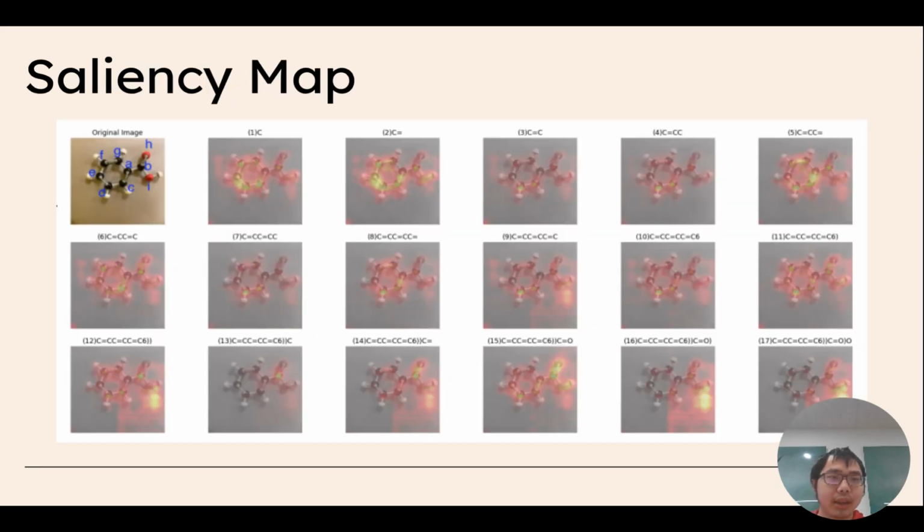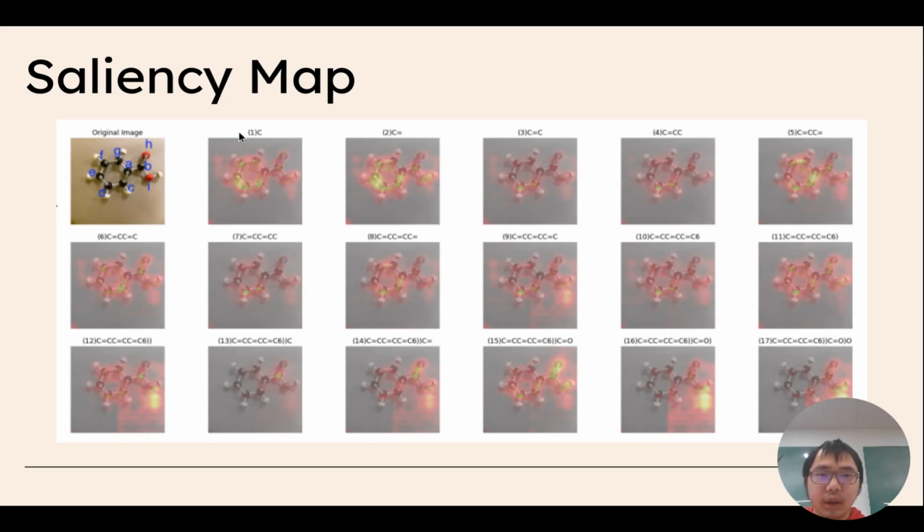And we also examine the saliency map of our model. A saliency map is basically where the model thinks the important part of the image is. We do this by taking a partial derivative of the output token with respect to the image. So we can see here in the first step when the model is outputting a carbon, just background information, all the black atoms here are carbon and the red one is oxygen.